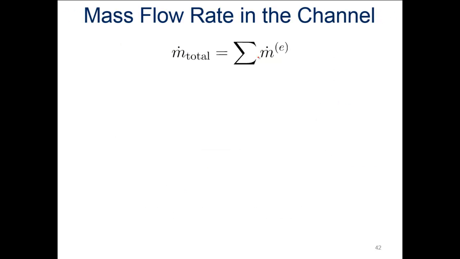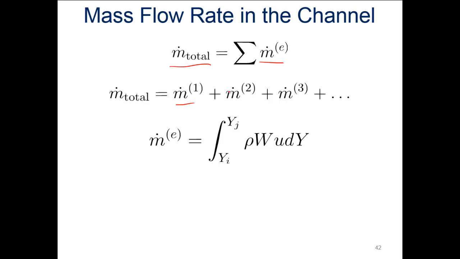If we want to get the total mass flow rate in the channel, we'd sum up the mass flow rates for each element. To get those, we would use the velocity for each element, the width out of the page, times the density, because we're going for mass flow rate.